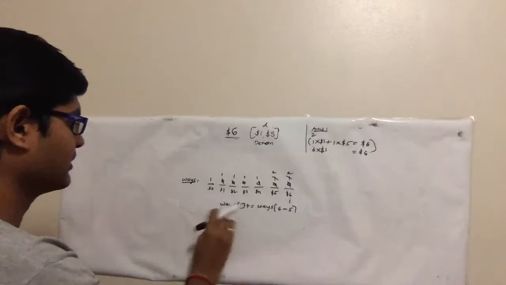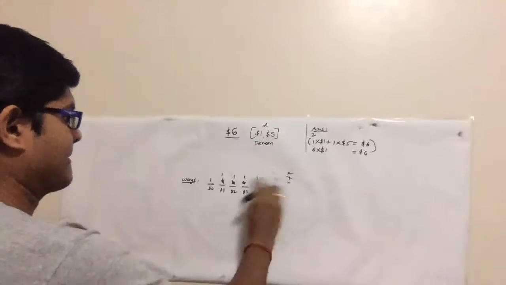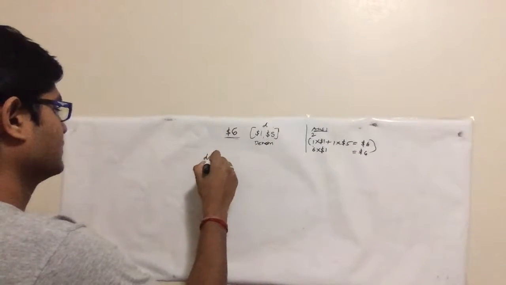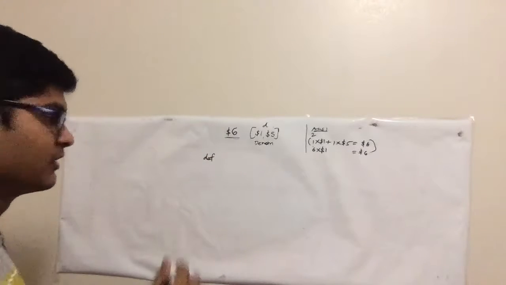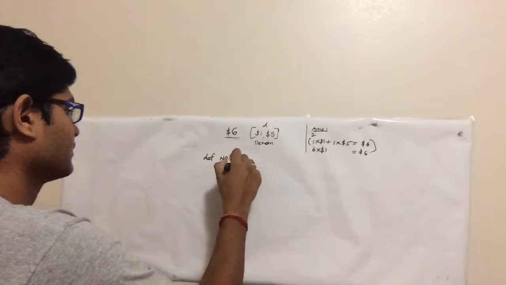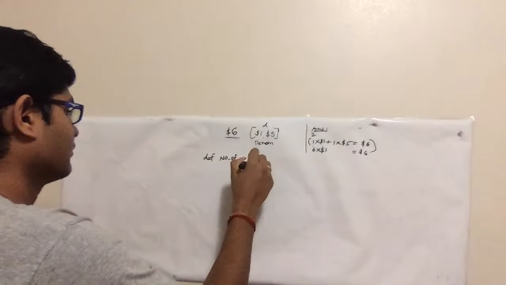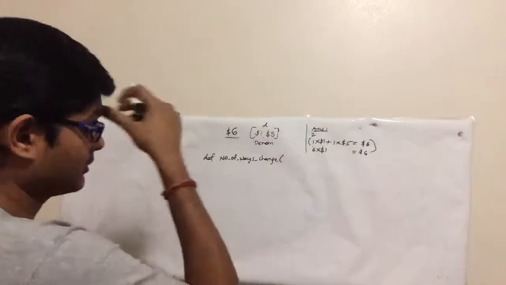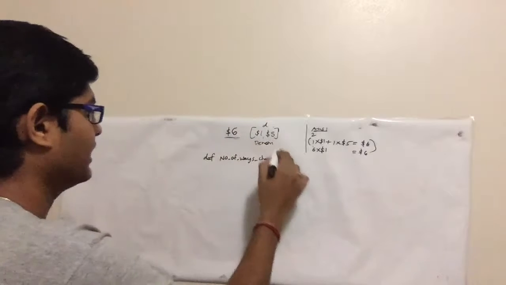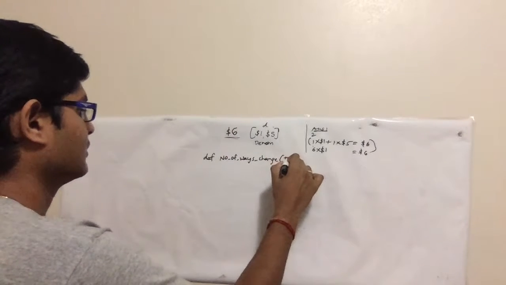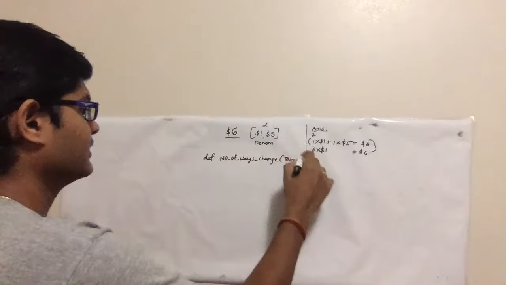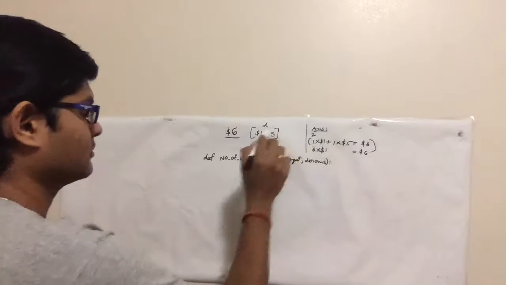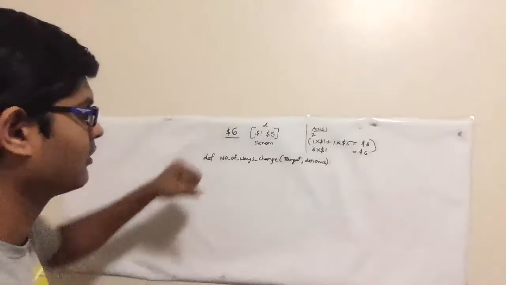So we will try to implement this. Say we have a function number of ways of making change. It takes two parameters, the target amount and the denominations, which I call denoms.